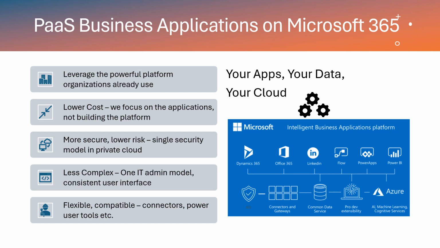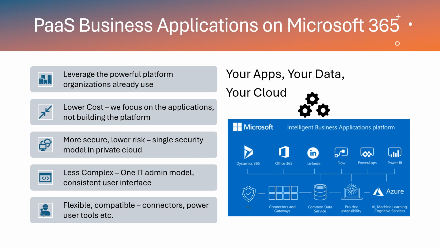Microsoft 365 has the Intelligent Business Applications platform. This is a platform that brings together all of the capabilities of Office 365 and merges them so that when you build an application on the platform, there's a lot of common uses of infrastructure for business process with Power Automate, Power Apps for dashboards, Power BI.